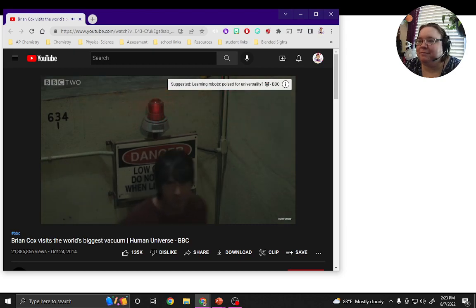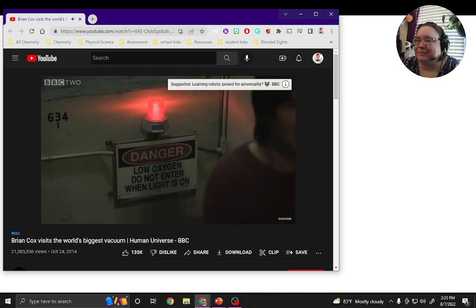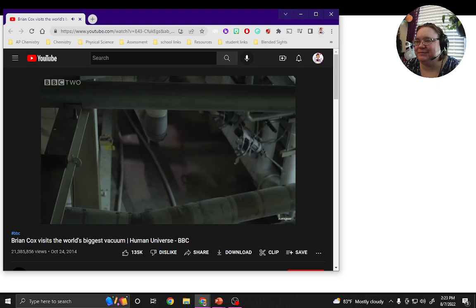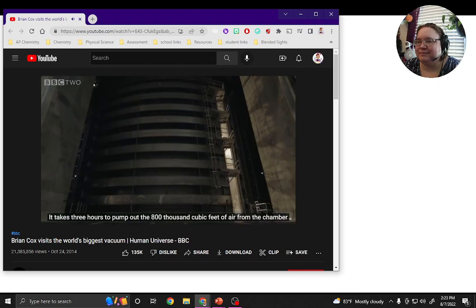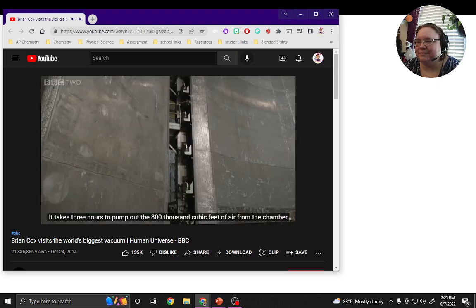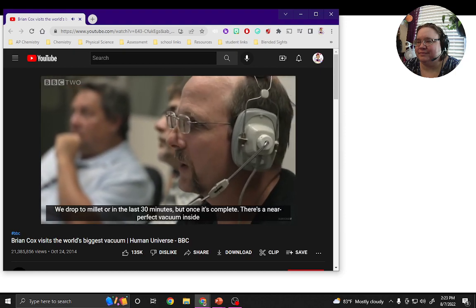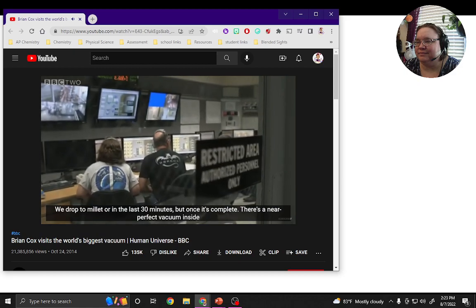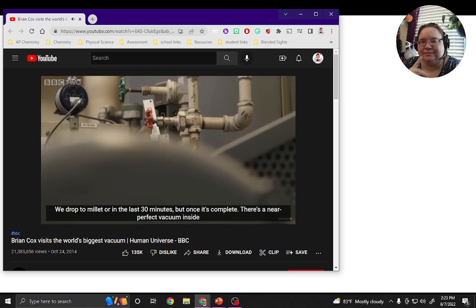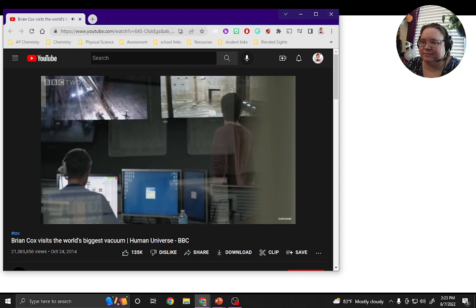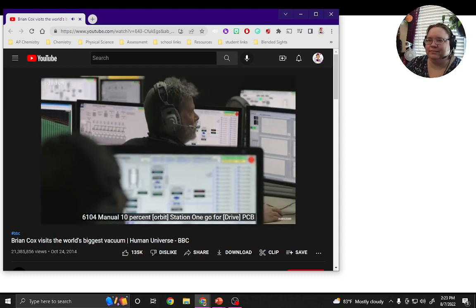Real life. Big old wall moving. It takes 3 hours to pump out the 800,000 cubic feet of air from the chamber. Okay, we dropped 2 Militor in the last 30 minutes. But once it's complete, there's a near perfect vacuum inside. 6104 manual, 10% open.